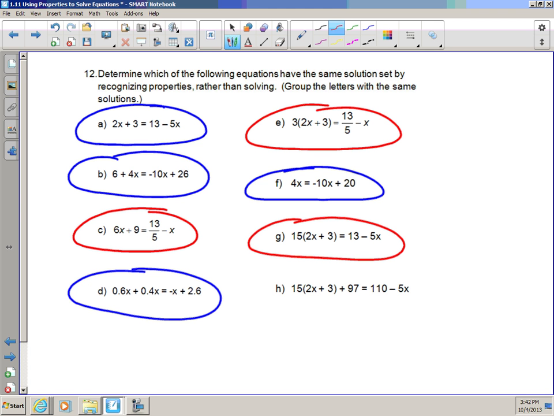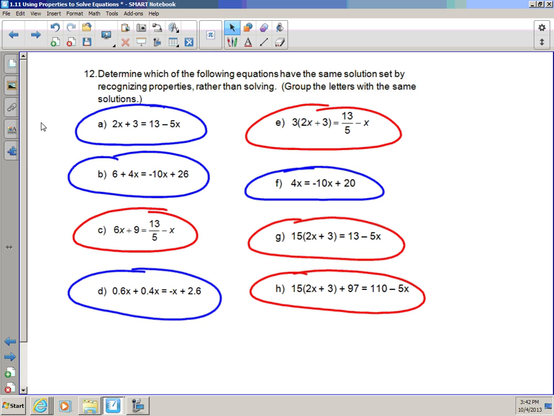What you need to be careful about is, if you notice, I only multiplied the 3 by 5, not what's inside the parentheses, because when that gets distributed, that will take care of multiplying them by 5. And then H, I add 97 to it.